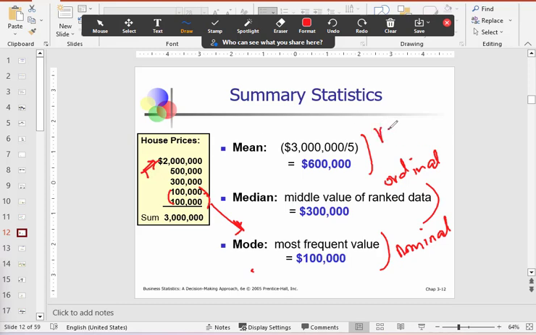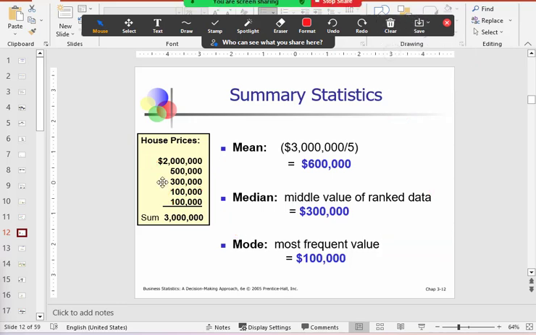This data is ratio or interval data. So in this case the mean will be used, but we should be careful that there is an outlier. So we will use some other indicators to tell that the mean is this, but the data also has outliers. So this is one example.